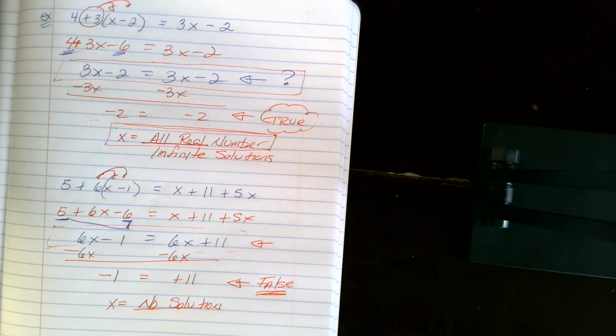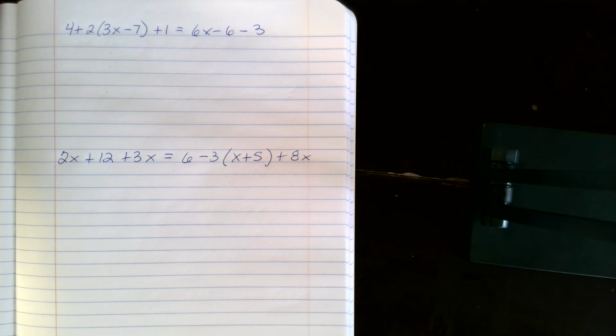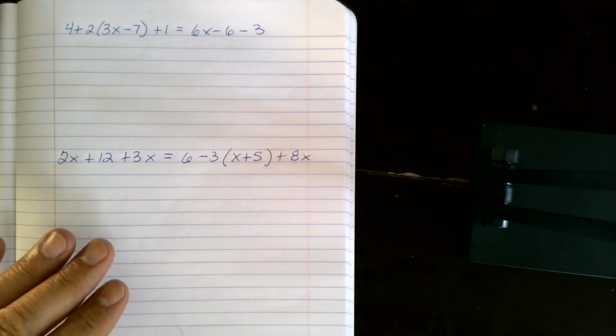Let's try two more examples. So why don't you take a look at these two examples? Pause this video and try solving them. I'm going to start solving them now.